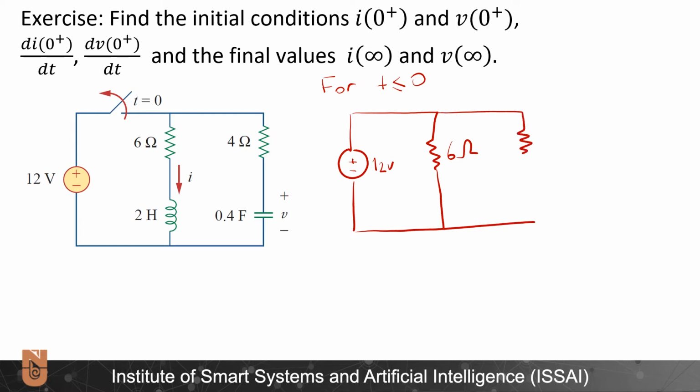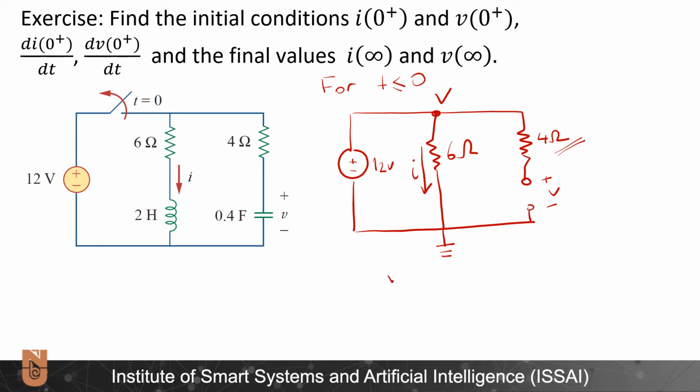Then I will have here 4 ohms. And the capacitor will behave as an open circuit. So in other words, here I will have plus minus V. If I define this point as the reference node, and assuming that there is no voltage drop over this 4 ohm resistor, here I will have V as well, and my current I is flowing this way.